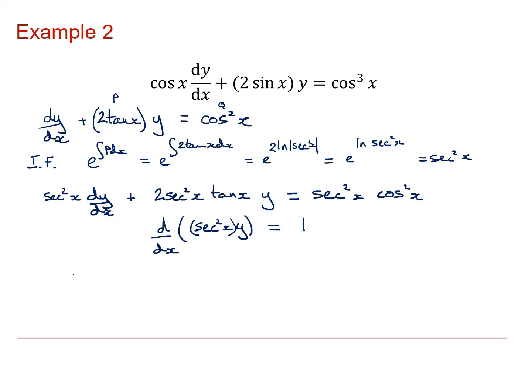Integrating both sides, I'm going to get sec squared x times y is equal to x plus c, and rearranging, I'm going to get y equals x plus c, times cos squared x.